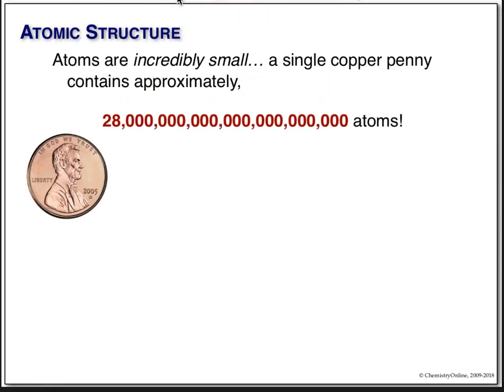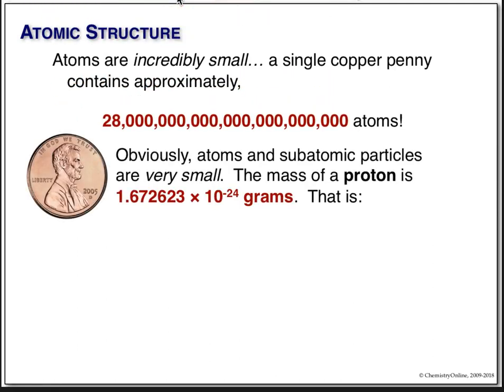We said that in a truly copper penny, we would have 28 sextillion atoms. Therefore, we concluded that atoms were very, very small. Likewise, the subatomic particles are very small.